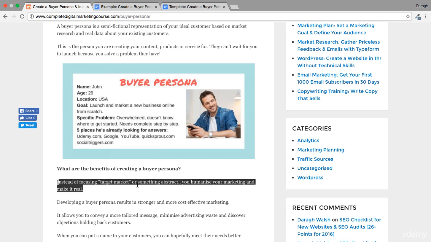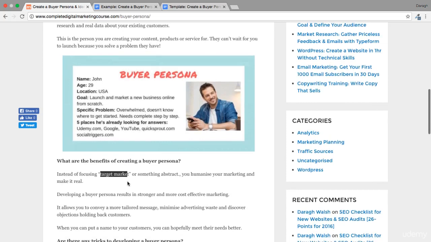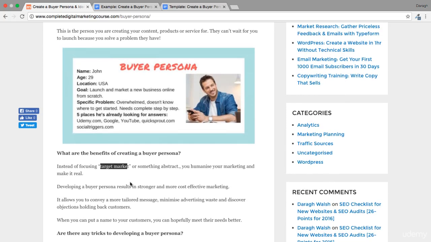Instead of focusing on a target market or something like that, it's very hard to actually think about how I can help meet their needs if you're thinking in terms of target market. So really the buyer persona is just an exercise to humanize things, to make it real for you, and as a result you can make better products and have stronger and more cost-effective marketing, because you've got that more tailored message.